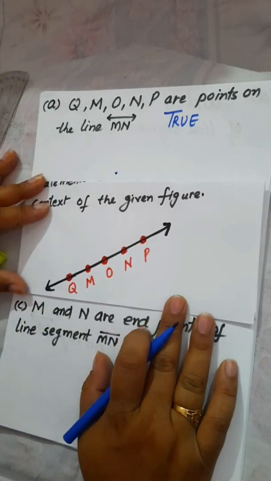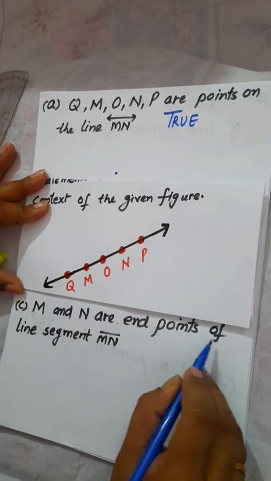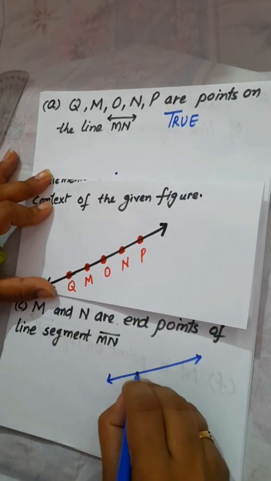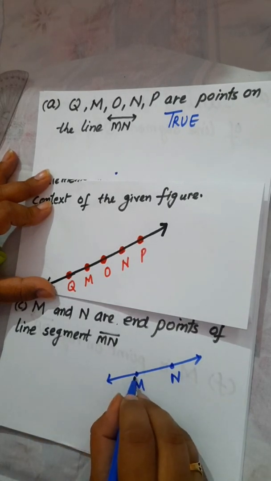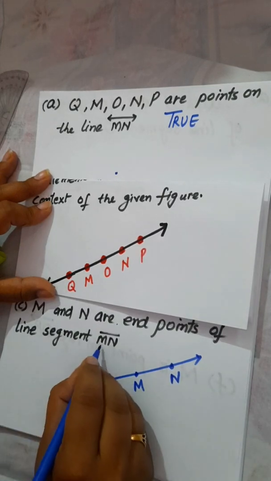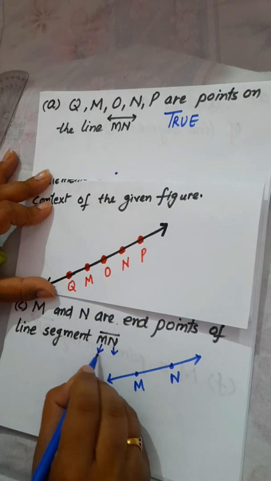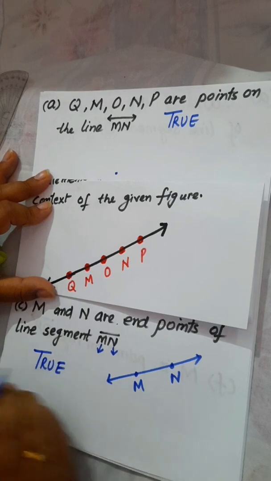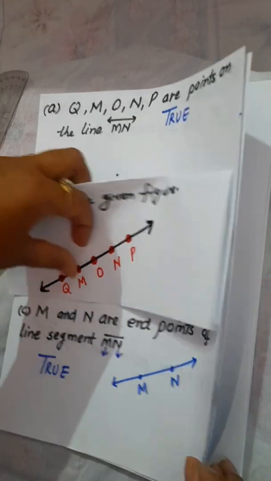Then we have C part. C part is M and N are endpoints of line segment MN. So if we have this line segment MN, here M and N are the endpoints of the line segment. The first starting point is M and the ending point is N. So your answer is true.